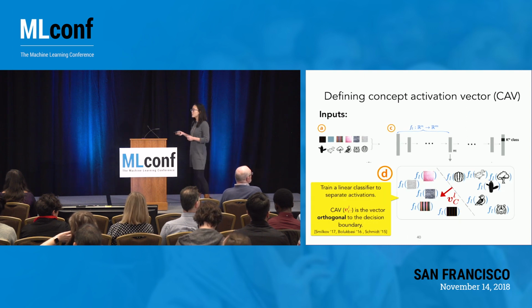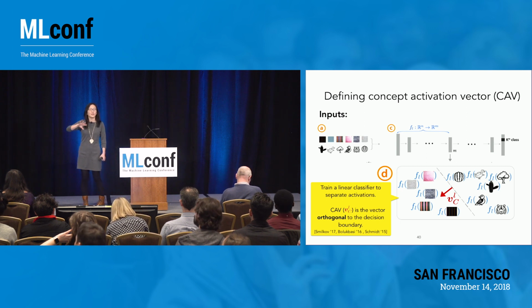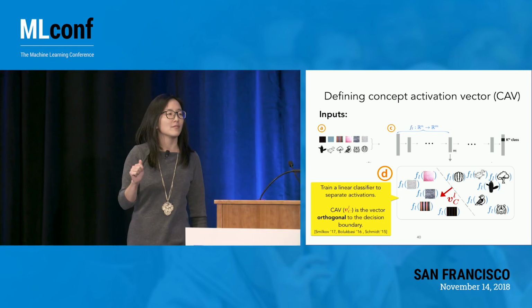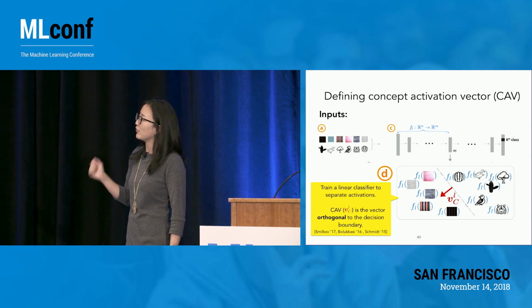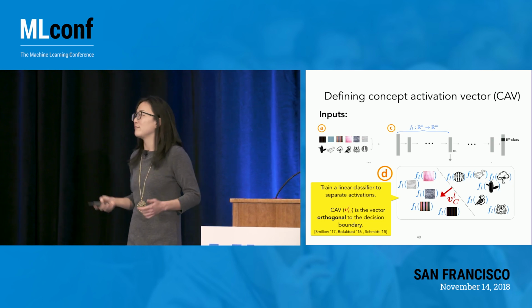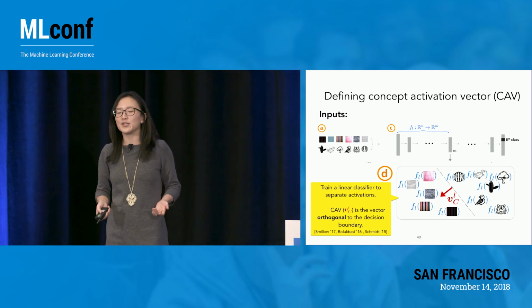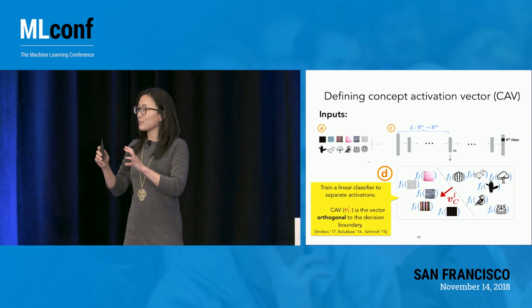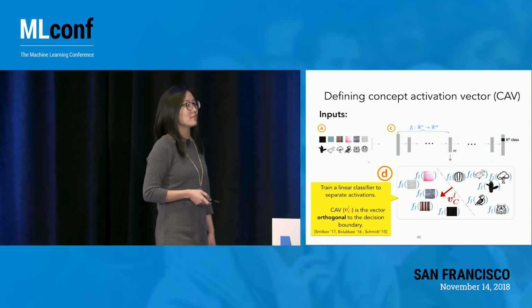Now, given those, you pipe these examples into the network, collect the activations, and you train a linear classifier to separate the random images from the concept images. Then you take the vector that is orthogonal to the decision boundary, and that is your CAV. That's the vector. What does that mean? Well, this vector simply means a direction pointing away from random, toward more like the concept.